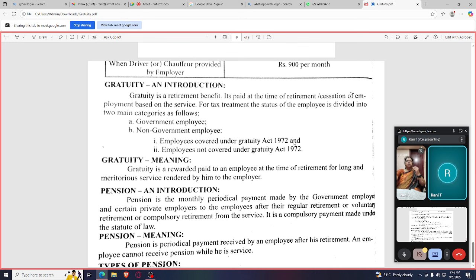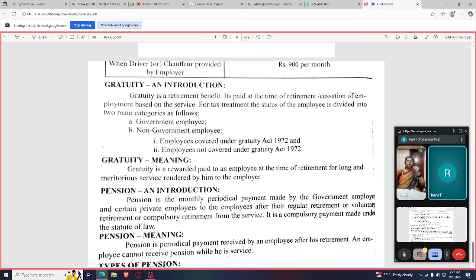When we talk about gratuity, for the purpose of finding out the taxable amount and how much exemption we get, we divide gratuity into four types: government employees, non-government employees covered under the Gratuity Act, and employees not covered under the Gratuity Act. In these four types we will deal with the provisions.